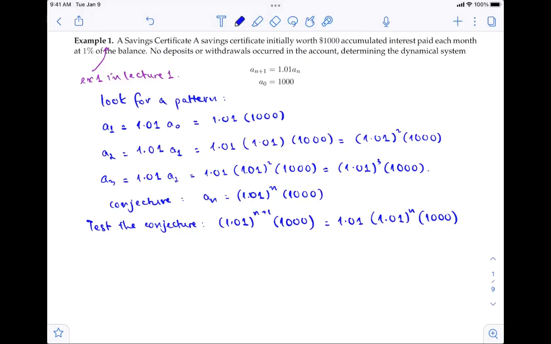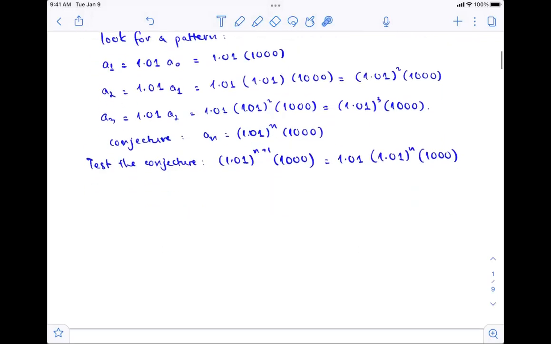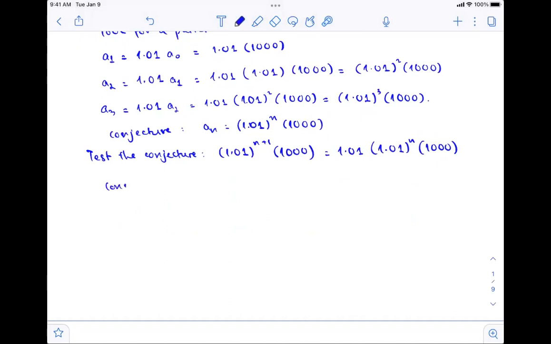It fits with the idea that it gives a true statement when you substitute into the difference equation, and also when you substitute into the initial condition, because you always start with the initial condition of $1,000 in this particular case. Now you draw the conclusion that A sub n is equal to 1.01 raised to the power n times the initial value A0, where A0 is, of course, equal to $1,000.